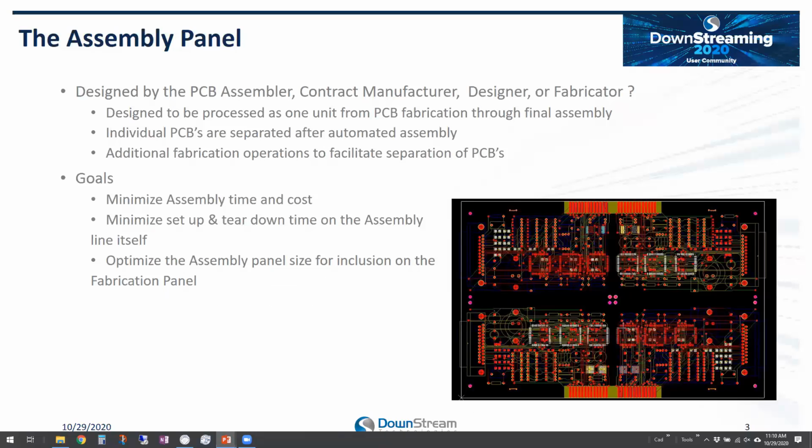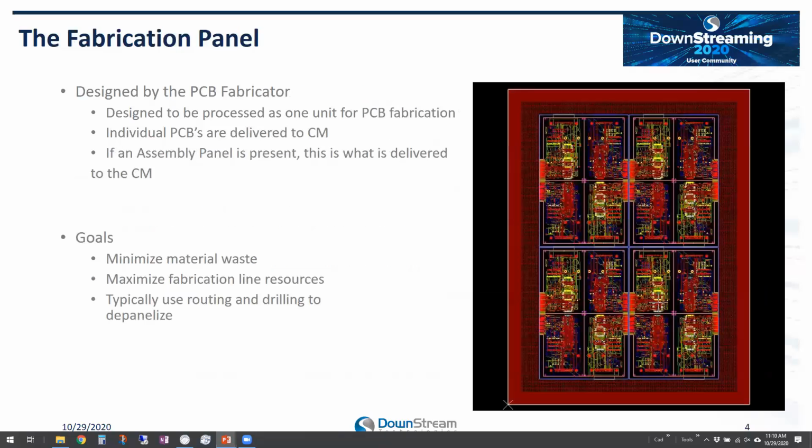So I've got 4 boards here. I've got some fingers on these, so I pointed them out. But if you look at the fabrication panel, there's 16 boards there, but those are actually 4 boards in the eyes of a fabricator. And what they're going to deliver to you is those 4 panels back to you or to the assembler. Okay.